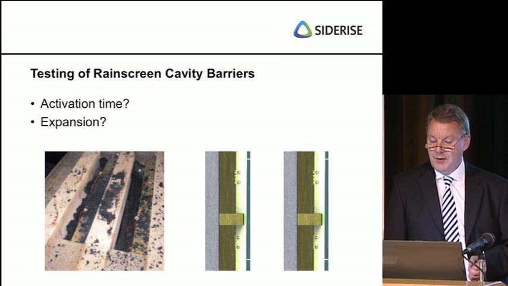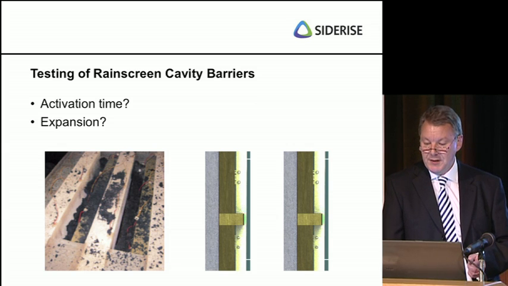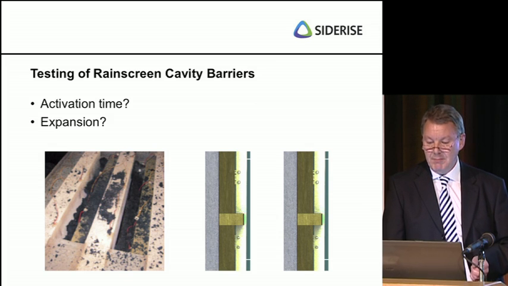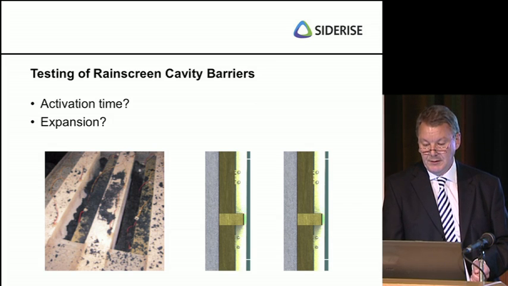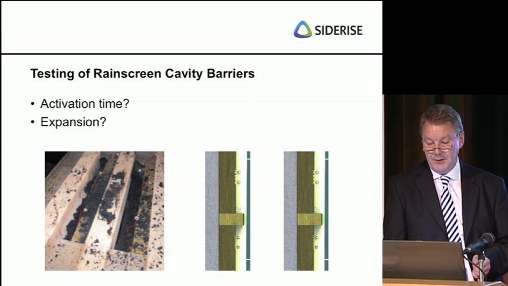The message is not all intumescents are the same. They typically react in different ways at different temperatures and pressures. Activation time and expansion properties are critical to the performance of the seal. It's the time to close property that's considered paramount.